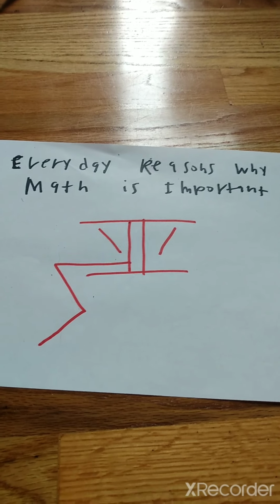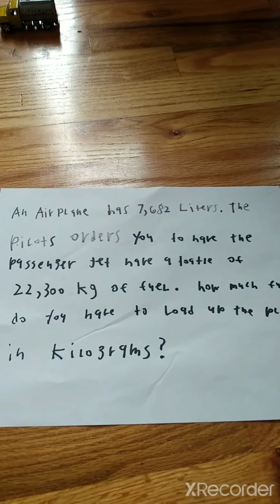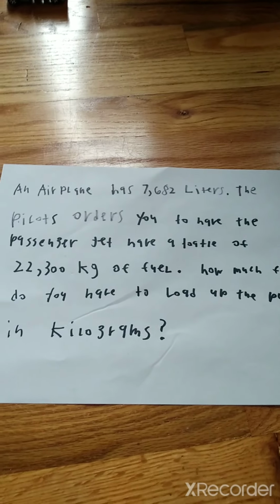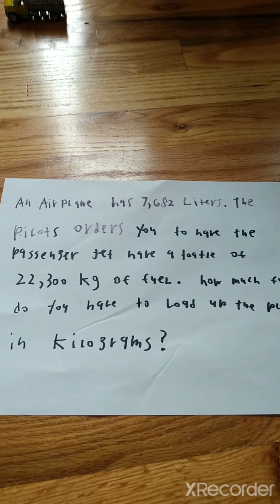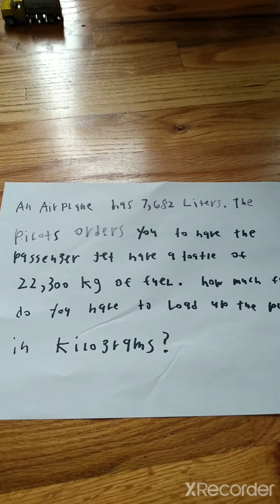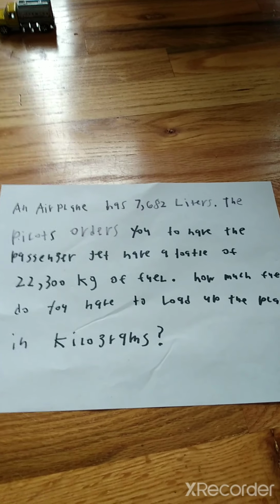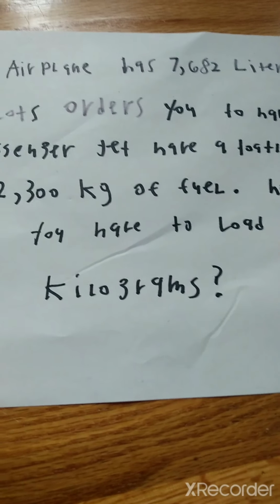Here's an example. An airplane has 7,682 liters. The pilot orders you to have the passenger jet have a total of 22,300 kilograms of fuel. How much fuel do you have to load up the plane in kilograms?